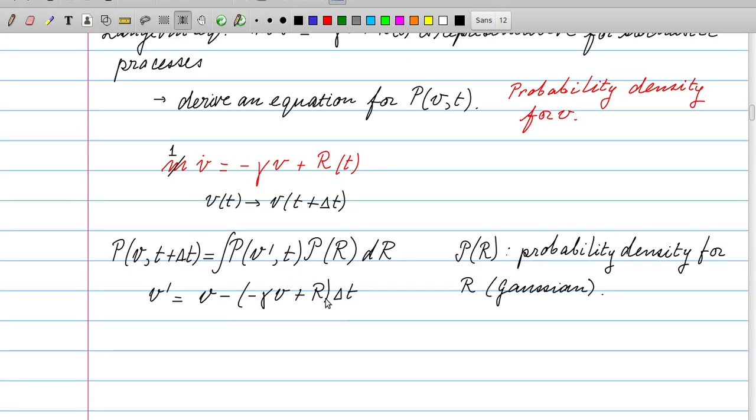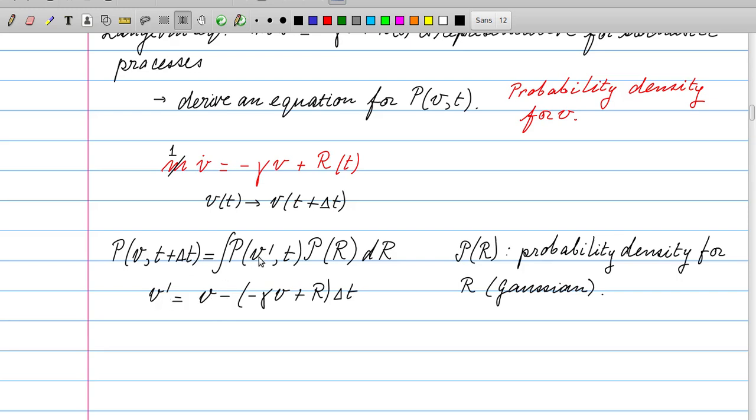If the time difference delta t is small, then it's very likely that this v is very close to v primed, because the random force can be large, but it has a rather low probability because of this probability density curly p being Gaussian. And because of the delta t, in general, the v primed and the v will be very close to each other.